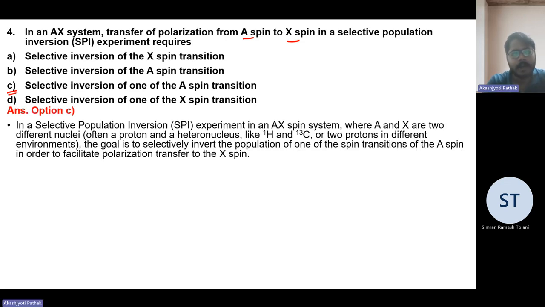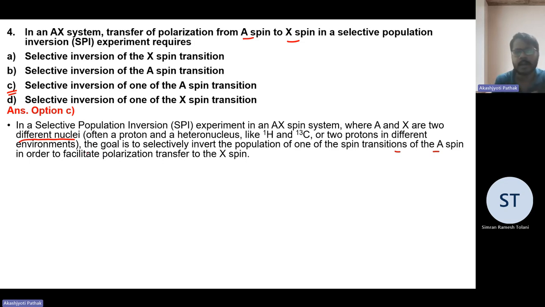Why? Because let's try to understand this. In a selective population inversion experiment, in an AX spin system where A and X are two different nuclei, a heteronuclear spin system, say for example hydrogen and carbon, the goal is to selectively invert the population of one of the spin transitions of the A spin in order to facilitate polarization transfer to the X spin.